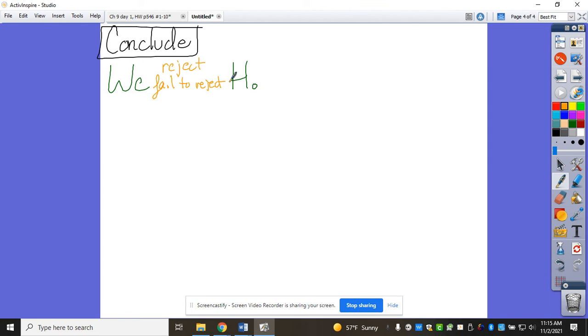I'm writing this as one sentence. I'll do it separately. Everything that we go with this is going to be on the top, everything that we go with this is going to be on the bottom. So we reject the null hypothesis that mu equals whatever number of units.